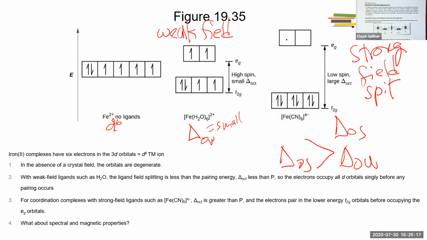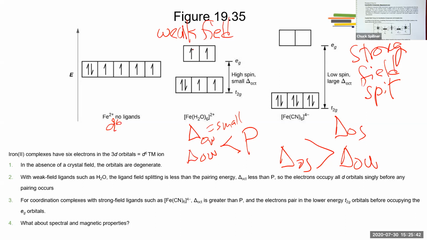So in the weak field case, delta O weak is less than the pairing energy. Because you're not going to put 1, 2, 3 and then pair up, since that's a greater energy cost than putting it in the higher orbital in the weak field case.